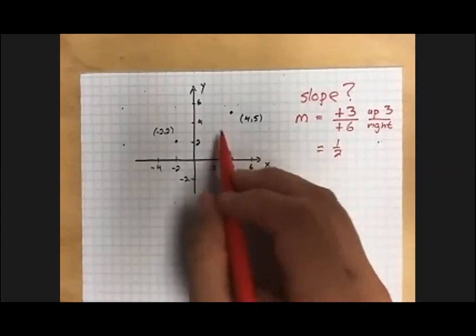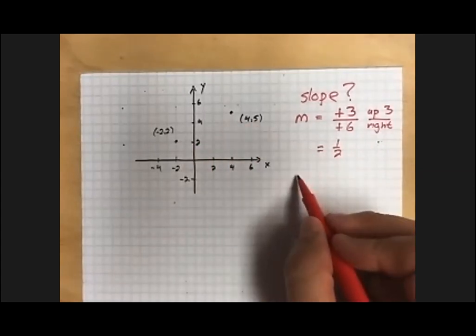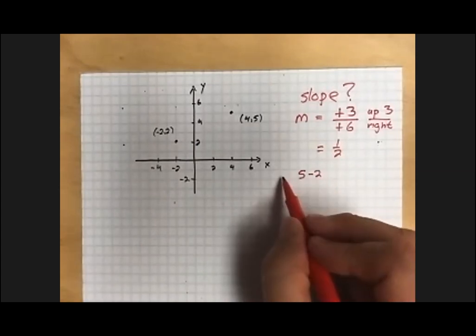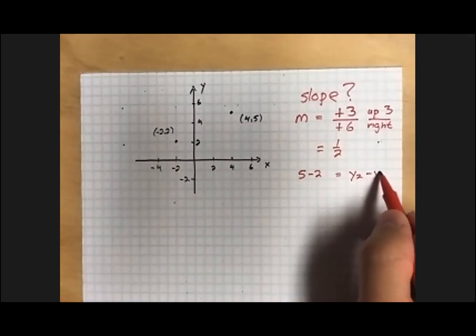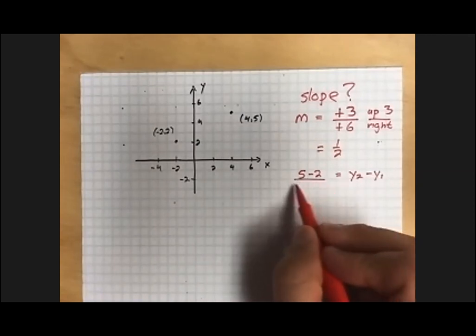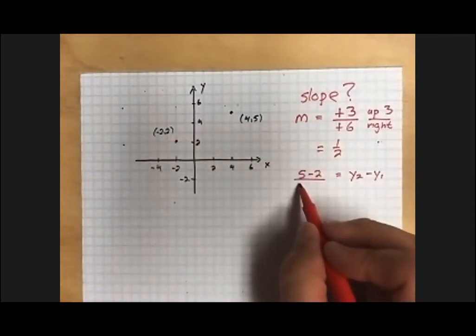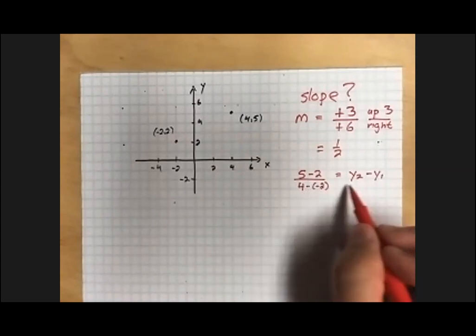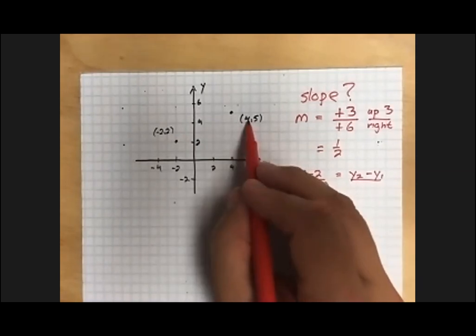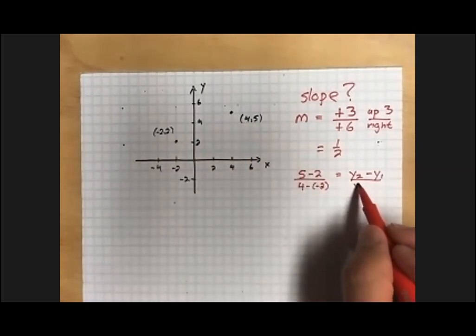Now notice you could have done that by subtracting the points in order. 5 minus 2, that would be one y value minus the other value. And then 4 minus negative 2, respecting the negative signs, that would be one x value minus the other x value.